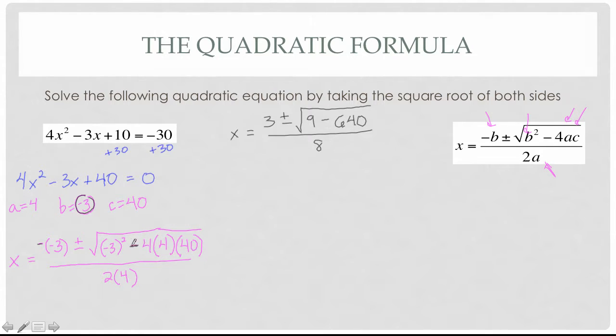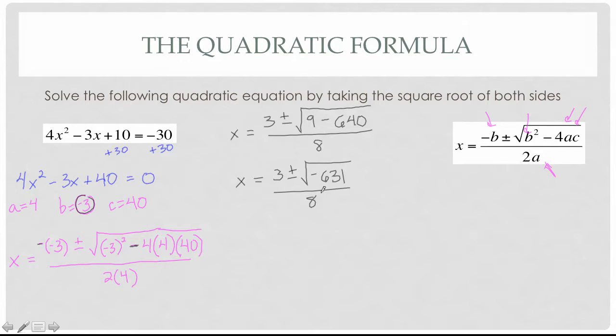I see people mess up on the signs all the time when they're trying to calculate all that stuff under the square root. Now if I take 9 minus 640, that gives me one more step, and we get x equals 3 plus or minus the square root of -631, all divided by 8.